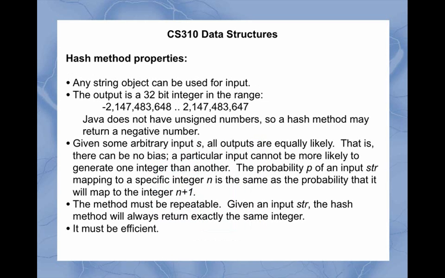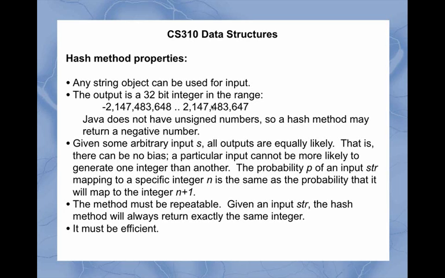So there are certain properties we want of our hash code method. We want to allow any string object to be used for input. The output, and we're talking about Java specifically here, is a 32-bit integer. And of course the range of values for 32-bit integers is given here, minus 2 billion something to positive 2 billion.